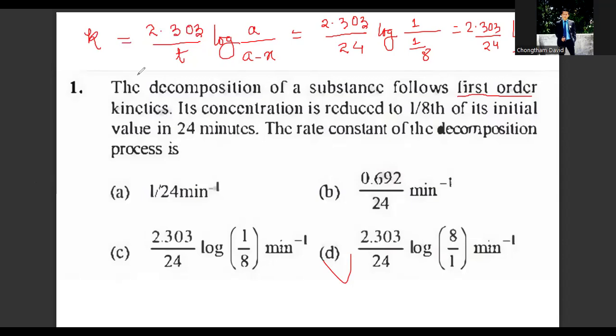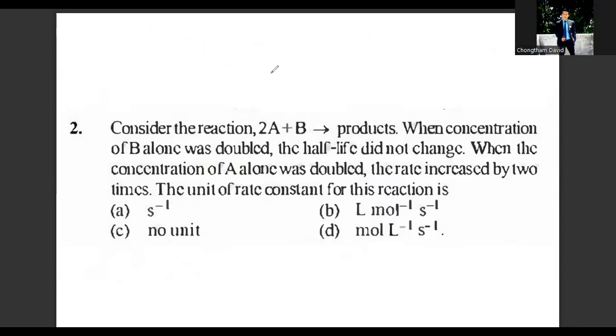Let's read question number 2. Consider the reaction 2A plus B gives products. When the concentration of B alone was doubled, the half-life did not change. When the concentration of A alone was doubled, the rate increases by 2 times. Now the unit of rate constant for this reaction should be. Since doubling the concentration of B does not change the half-life, the reaction is of first order with respect to B. The order of the reaction with respect to A equals 1 because the rate of the reaction doubles when the concentration of A is doubled, keeping the concentration of B constant.